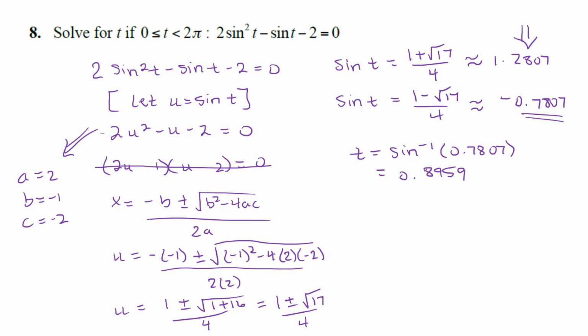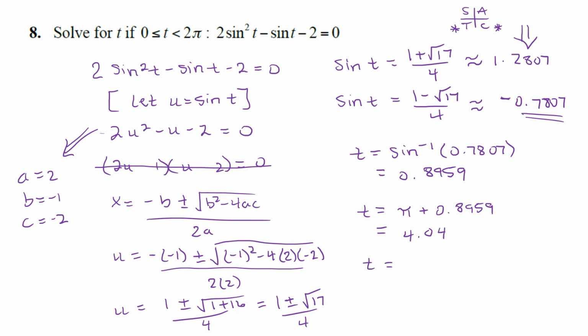Okay. Now, because the value is negative, we know, according to All Students Take Calculus, we'll be looking for angle measures in quadrant 3 and in quadrant 4. So in quadrant 3, we will take pi plus 0.8959, which equals 4.04.